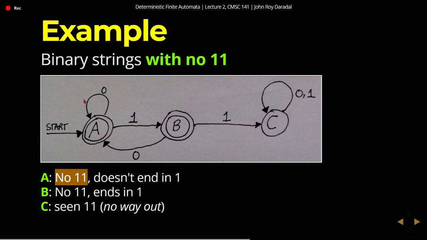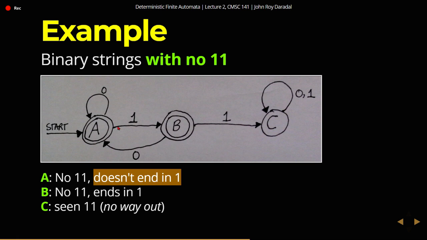So if you see 0, that's still no 1, 1, and it doesn't end in 1. So we have a distinction between the two states, A and B, because the two states do not have 1, 1. But state A hasn't seen 1, 1, and it doesn't end in 1. So as long as it's all zeros here, you stay in state A, and you haven't seen 1, 1 yet.